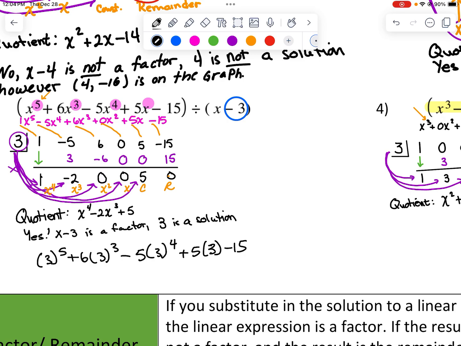So 3 to the 5th plus 6 times 3 to the 3rd minus 5 times 3 to the 4th. 15 minus 15 comes out to be 0. So that comes out to be a yes, which we knew already.